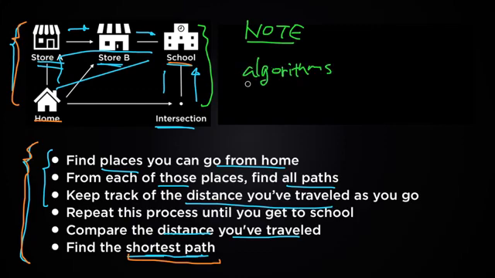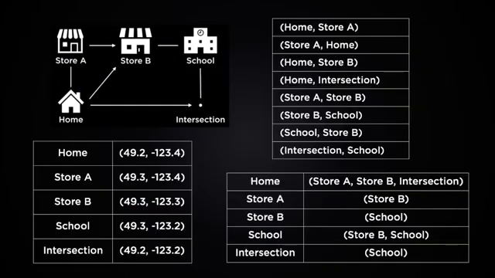You might even have, in some cases, completely different algorithms for solving the same problem depending on what data structure you're using. In this particular example, we talked about two different options for storing the information about where the streets are and how they connect different locations. The first option was to just list all possible paths.